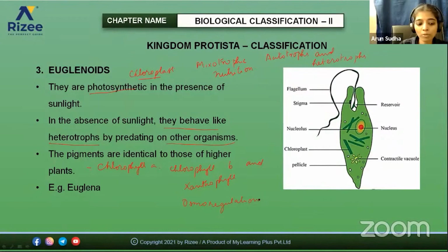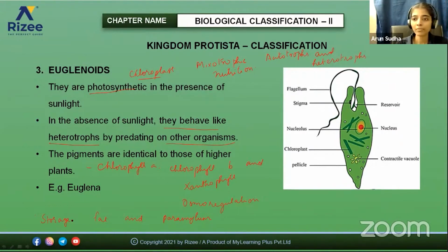The main storage form of food here is fat and also a substance called paramylon. It is stored as fat and paramylon.